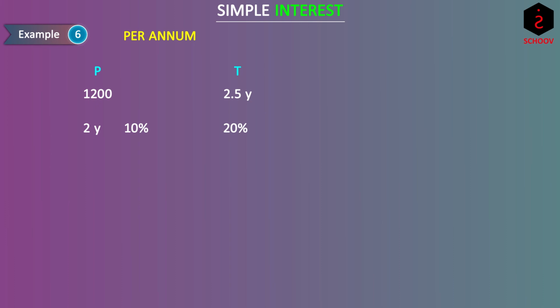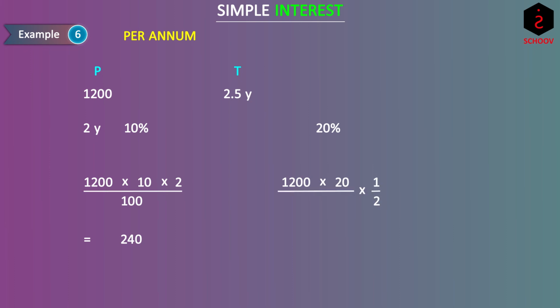How much interest do I have to pay? Very simple. Calculate separately. So, for 2 years, PRT by 100: 240. And for the last half year, rate is 20%. So, 1200 into 20 into 1 by 2 upon 100: 120. So, total interest is 360.